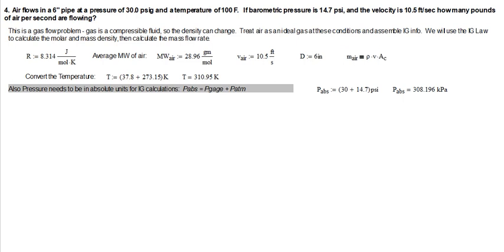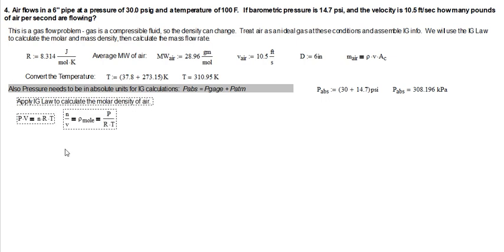And so we can apply the ideal gas law to calculate the molar density. If we have PV equals nRT, n over V, moles per volume, and this should be a capital V, n over V will be the molar density. So the molar density is equal to P over RT.